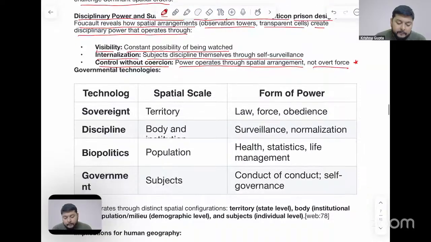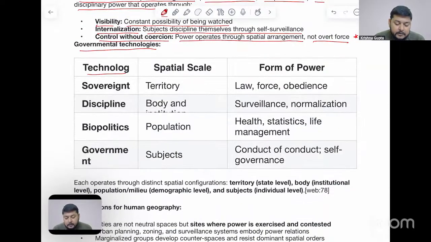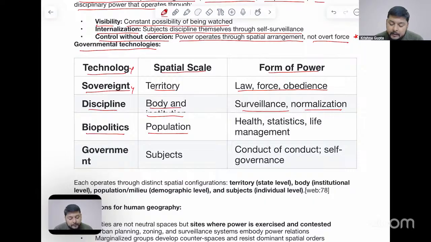Then the government technologies used here: spatial science and forms of power, sovereignty, territory, law of force, obedience, discipline, body and institution, surveillance and normalization, biopolitics done through population, health, statistics, life management.